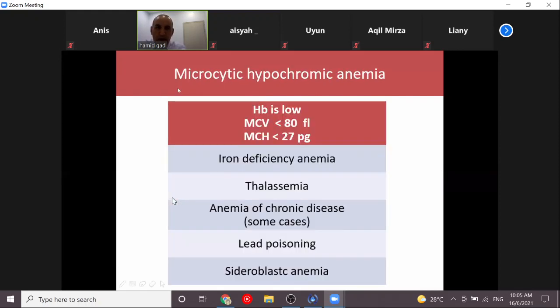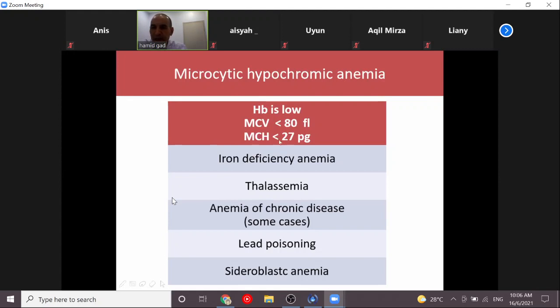So we go one by one. First, we hope we can finish this one today. Microcytic hypochromic anemia. Again, anemia means hemoglobin is low. Microcytic means MCV is low, less than 80 fL, femtoliters.